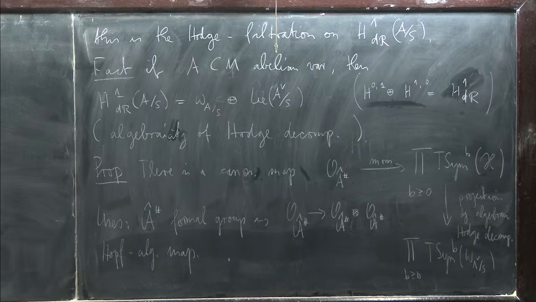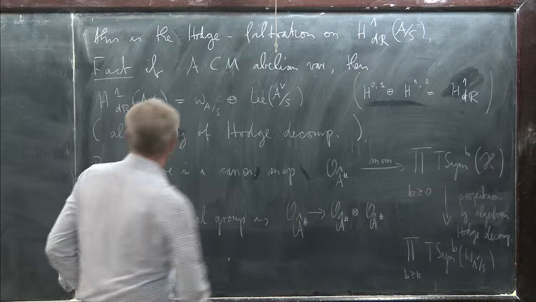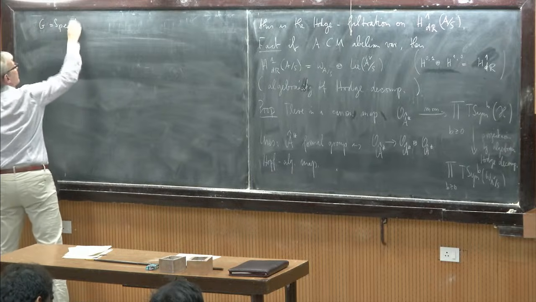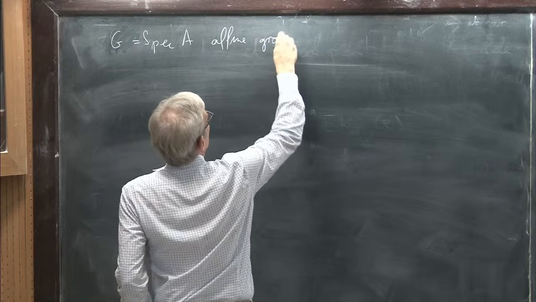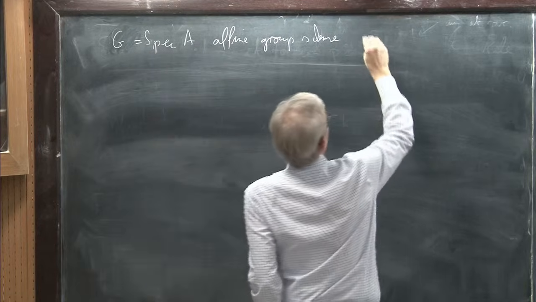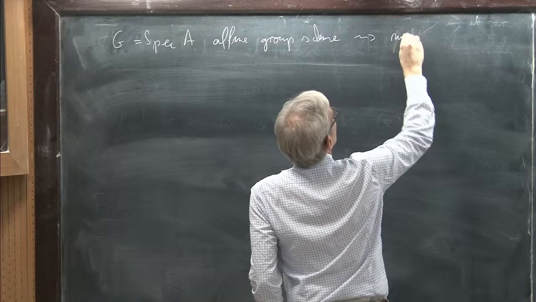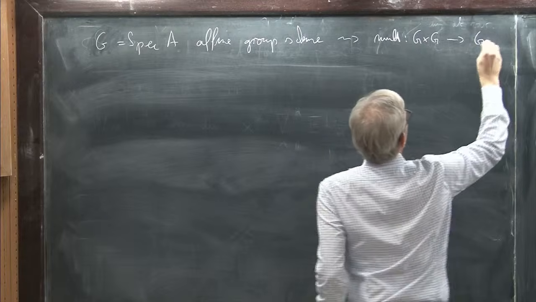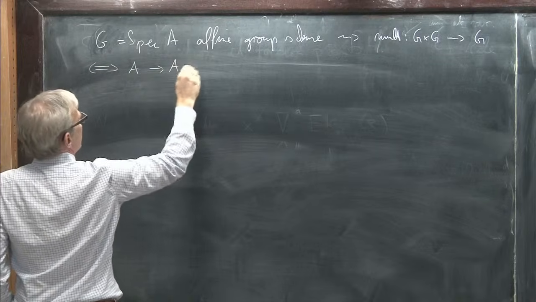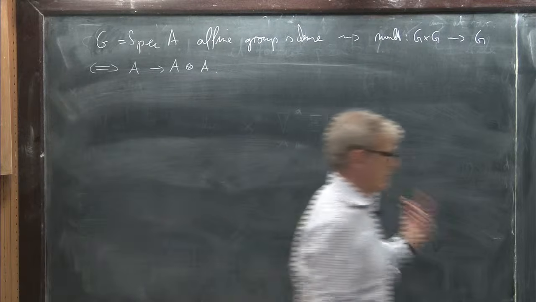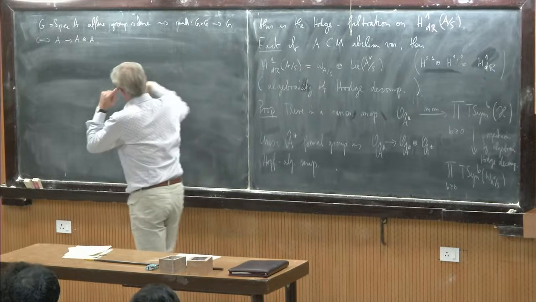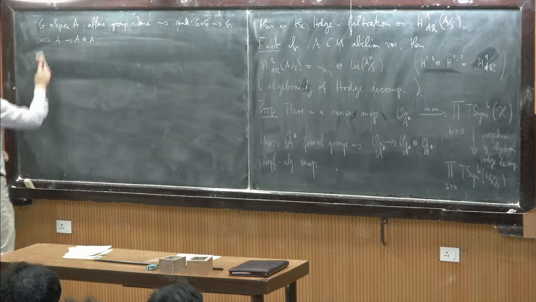So if G equals Spec A is some affine group scheme, then A is of course a ring which defines this group, but then we have the multiplication map from G times G to G, and because this is an affine scheme, this is equivalent to giving a map from A to A tensor A. That's a co-multiplication, and because this is a group, it satisfies the associativity law and so on, and in our case, even affine.